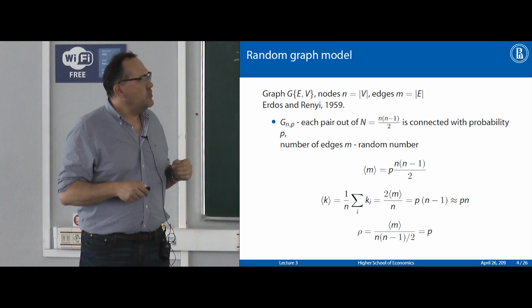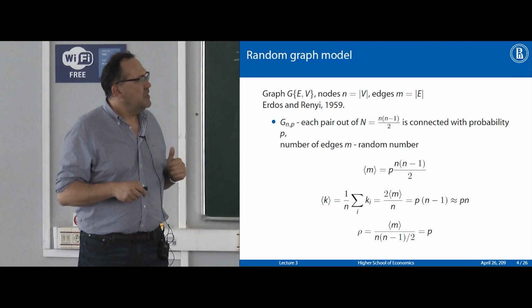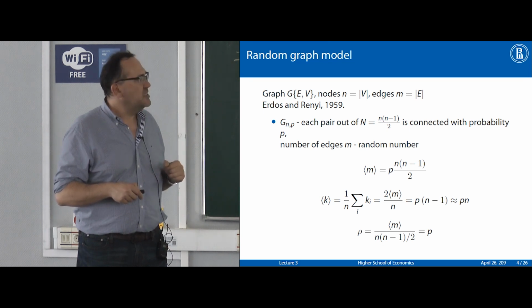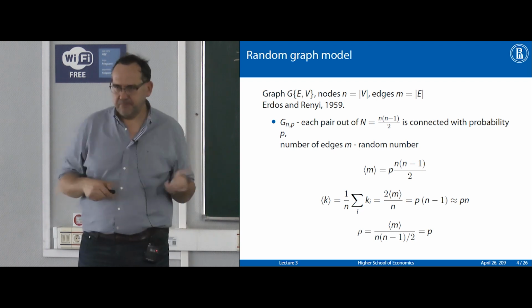And last time I showed you the formula. It's 2 times m divided by n. If you take this and plug it in here, n cancels, 2 cancels, and you get the average node degree is p times n minus 1. And if n is large, it's approximately equal to p times n.